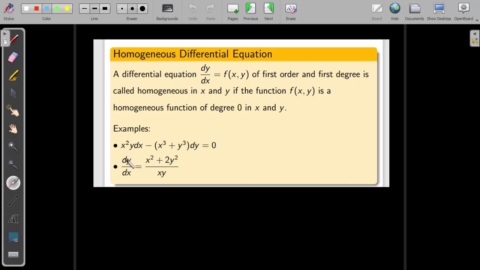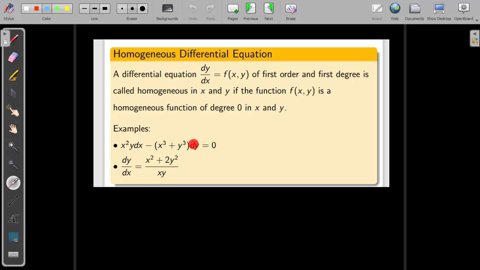For example, here there are examples given. x^2 y dx minus (x^3 plus y^3) dy equals 0. This is a homogeneous differential equation. If you observe here, the first term has degree 3, and in the second term each term has degree 3. If you write it in standard form like dy/dx equals f(x,y), it should be a homogeneous function of degree 0.